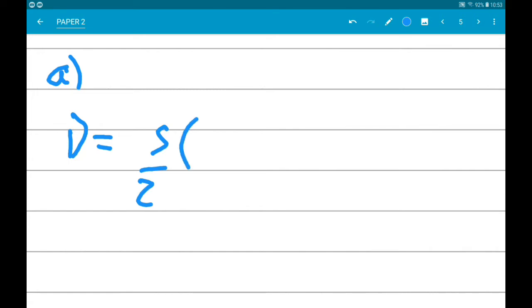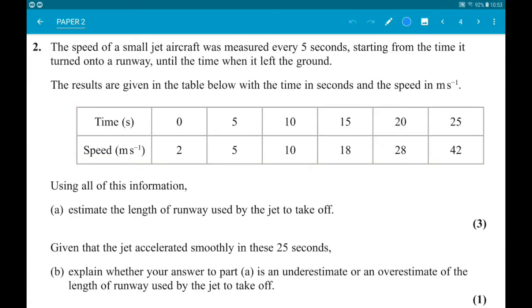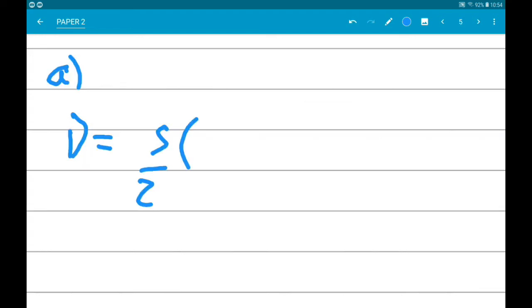Okay, now the first trapezium, the 2 lengths are 2 and 5. So add them, we get 7. And then 5 add 10, we get 15. 10 add 18, we get 28.